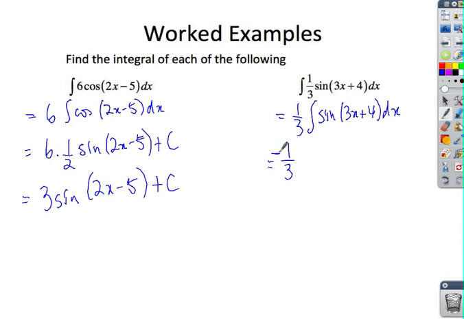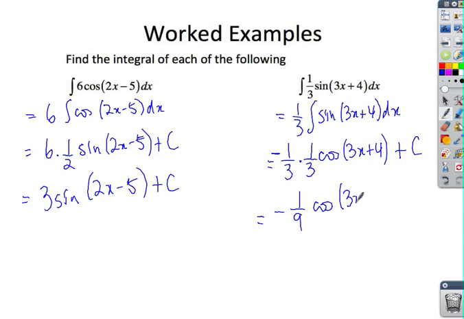And the integral of sine, like we said, is negative cos. Keep the argument the same, 3x plus 4. And then now we have to start adding plus c. And again, because that argument is linear, the 3x plus 4, we have to also multiply by 1 over the coefficient of x. So here the final answer now would be negative 1 over 9 cos 3x plus 4 plus c.